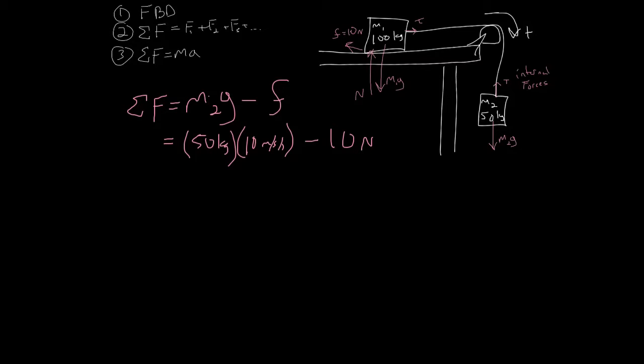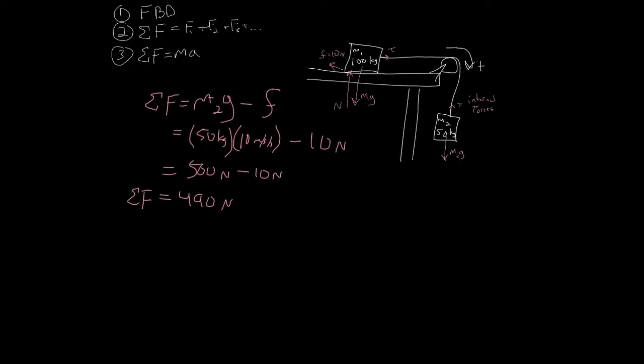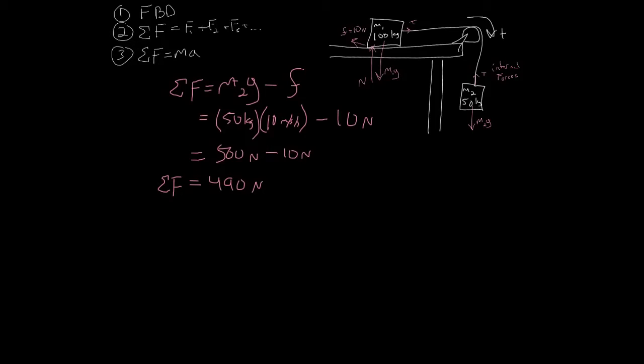So I get 500 newtons, which is the weight, minus 10 newtons, which is the friction. My net force is 490 newtons. That's the actual net force that's pulling our whole system over the edge, pulling it all together.